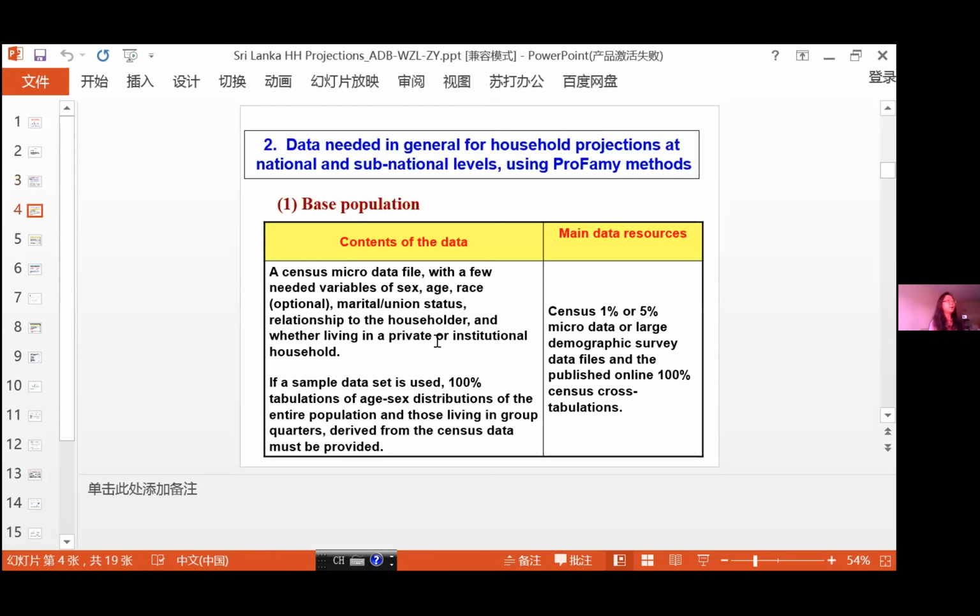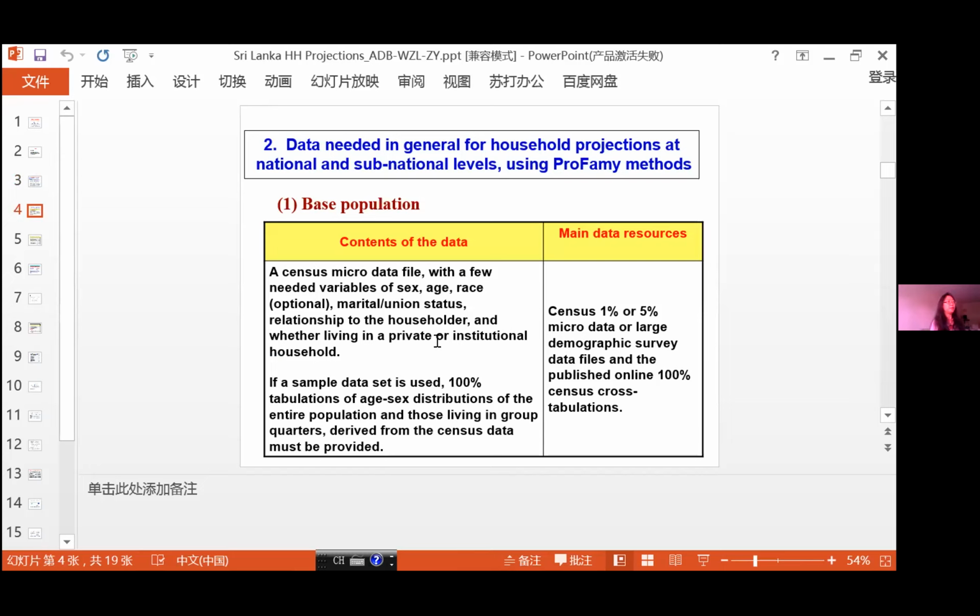For applying the ProFamy model, three parts of data are needed. The first data set is the base population. Like other population projections, we need a starting point population.